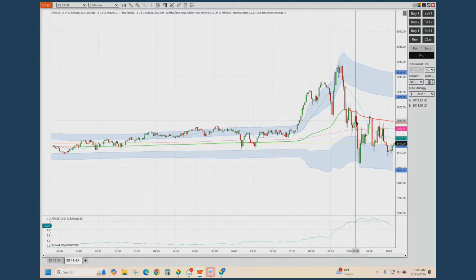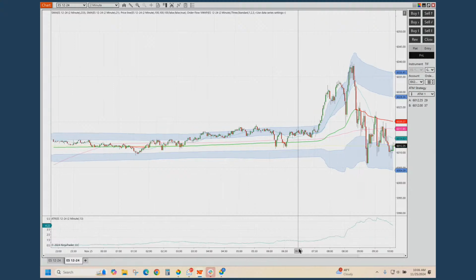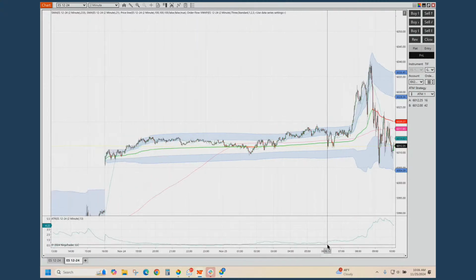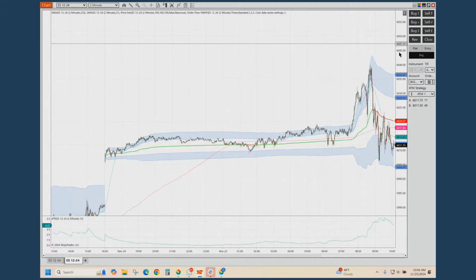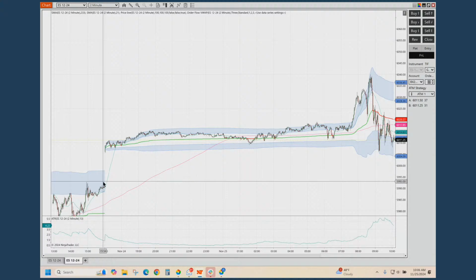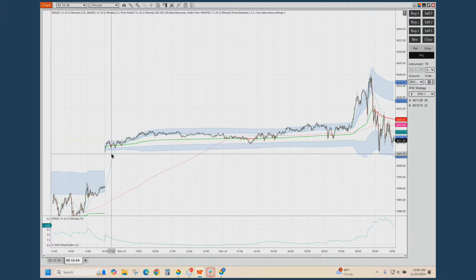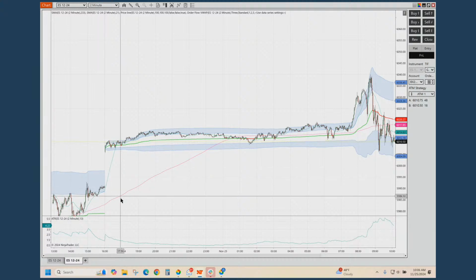From then on, it filled the gap up, not fully, a part of the gap up. So here is the gap up area. Market closed here Friday, opened here Sunday evening, and it touched the gap up. I would say it still has to fill the gap up.